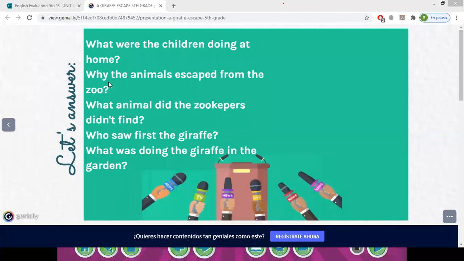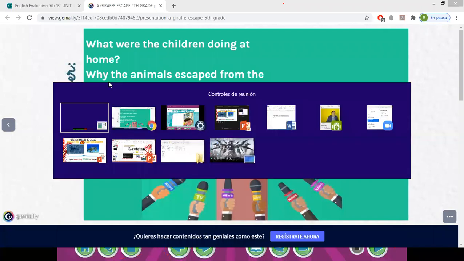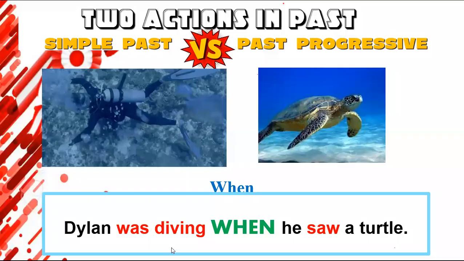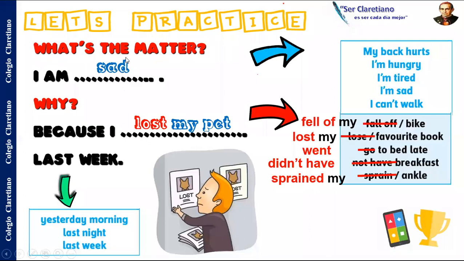Why? Remember, we use why when we talk about the reason. What's the matter? I am sad. Why? Because I lost my pet. This is the reason, that's why I am sad. Why means por qué in Spanish.